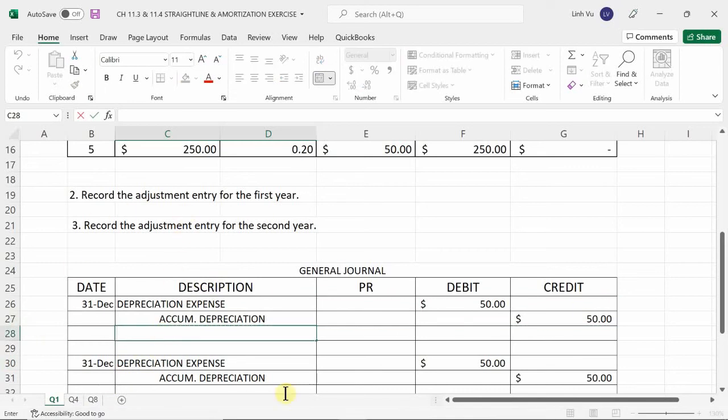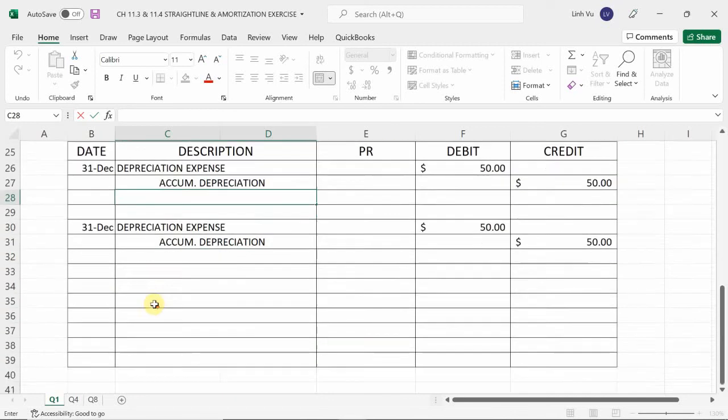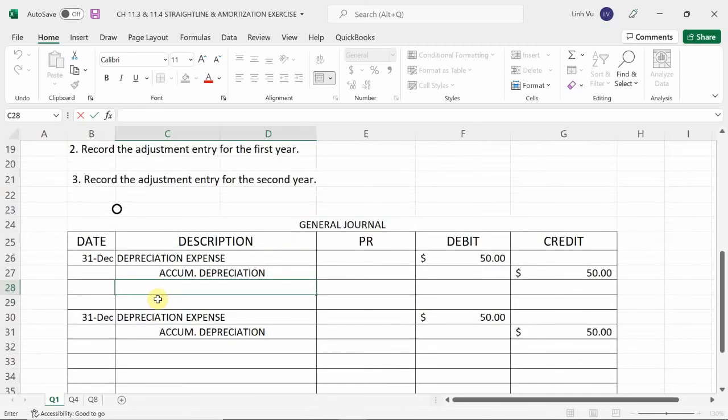Will I ask you to journalize it? Yes, but in this case, for the exam, I'm just going to ask you what the depreciation expense was for year one, what the book value was for year one, things like that. Good. I'm just confused between credit and debit.